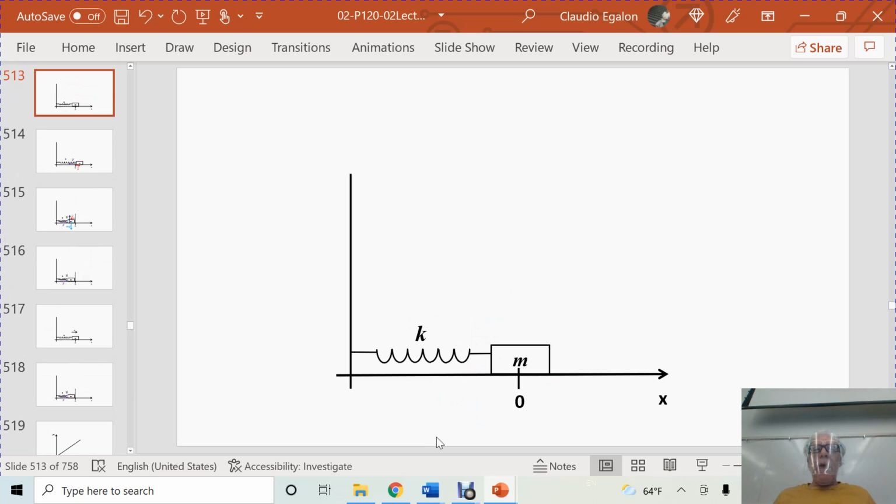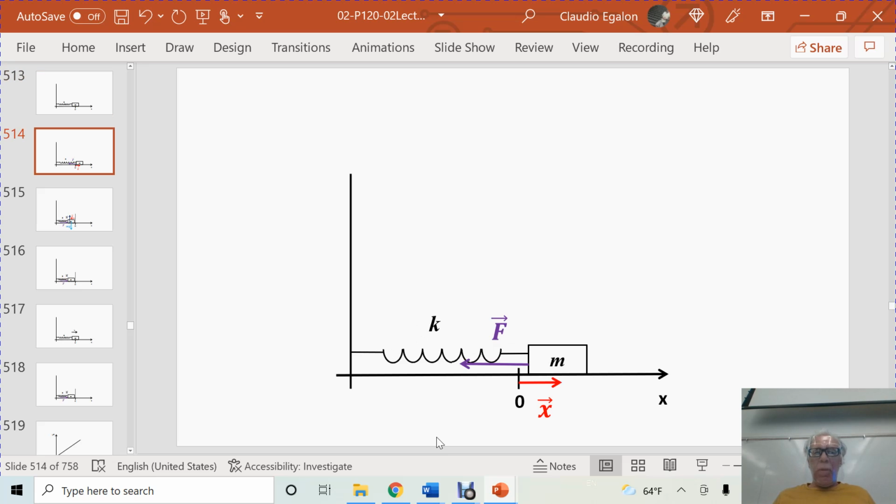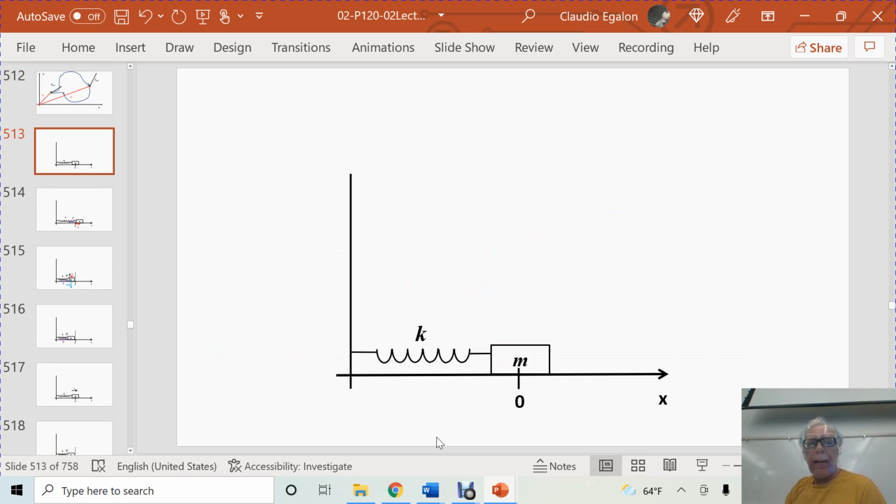Let's say I'm initially at the initial position, x naught equal to 0. And what I'm going to do first, I'm going to extend the spring with my own hand. I'm gonna get that block in there and stretch the spring. My hand is going to do some work, and the spring is going to resist my work. Make sense?